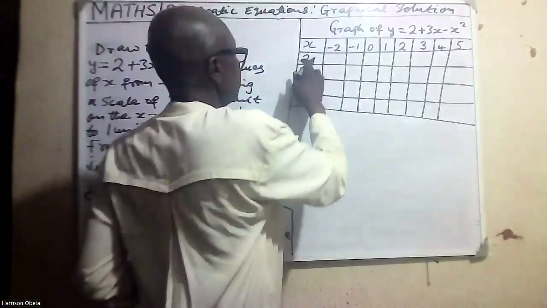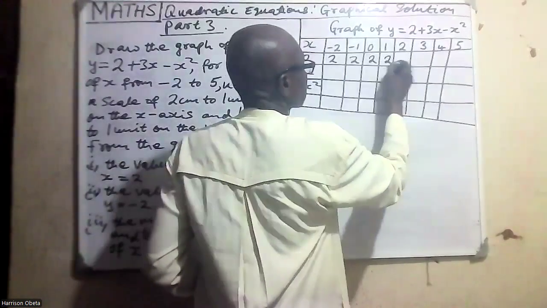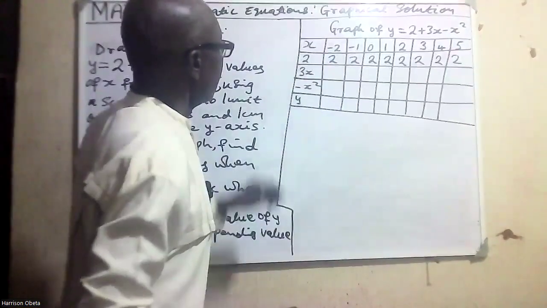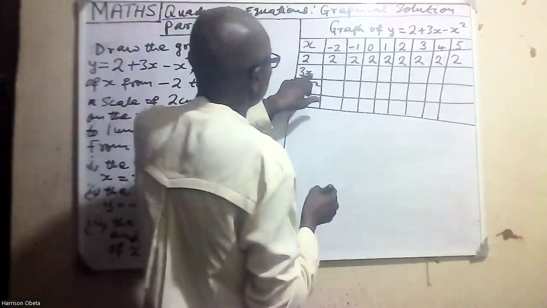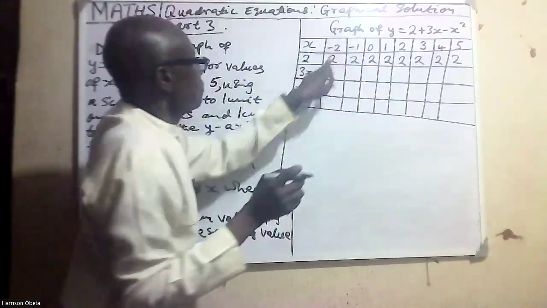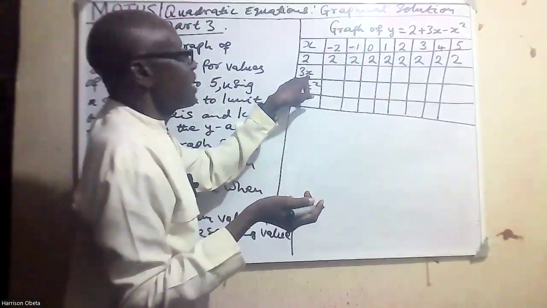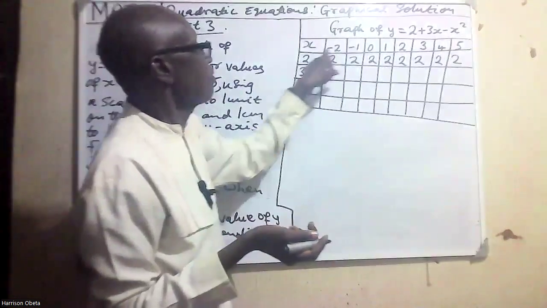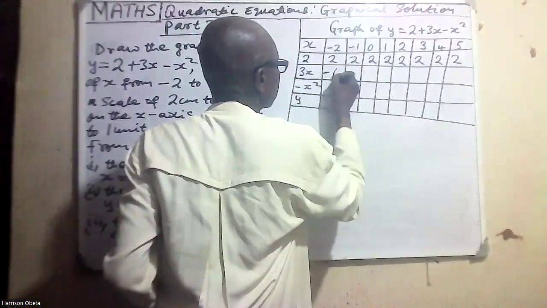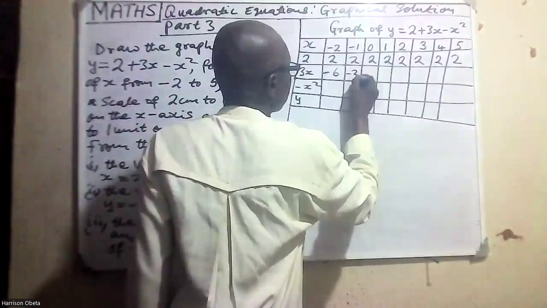So let's start. Since there is no x here, we put 2 throughout. Okay. Then for here, 2 times minus 2. When x is minus 2, use this minus 2 and multiply this 3, because you are now replacing x with whatever value you have here. So that will give us minus 6. Then when x is minus 1, you have minus 3.